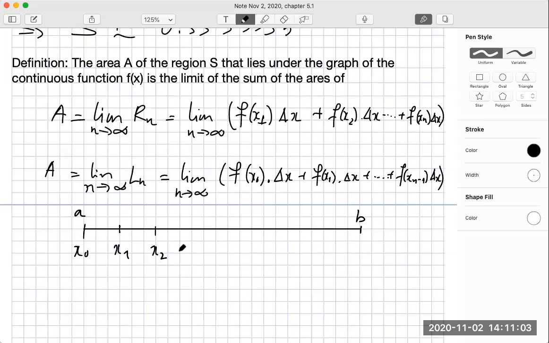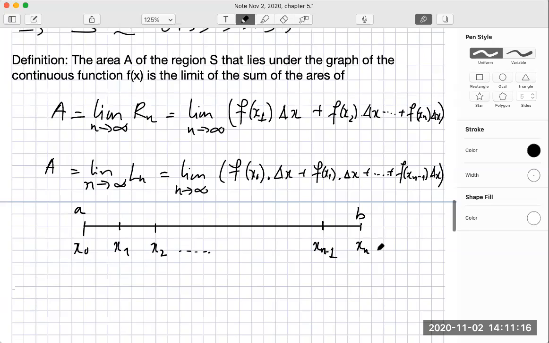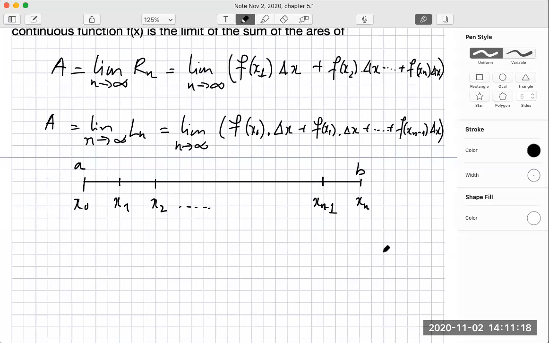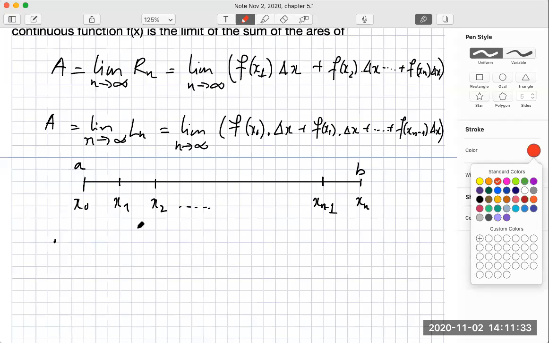This is x2. It continues until this guy, we call it xn minus 1. And the last one is xn. Right, this is how we discretize the distance from A to B. And each of the intervals has the same width.